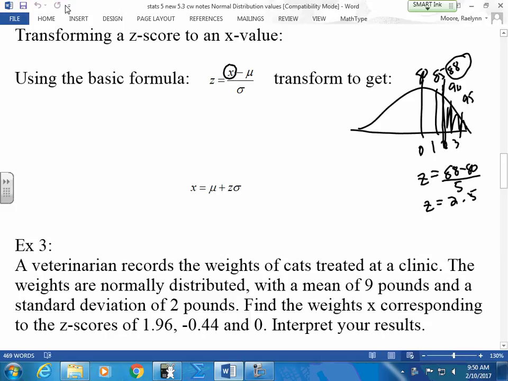You want to just find the x value. It is the same formula, and you can use the same formula. But because you're going to do this so many times, you're going to cross multiply and get the x by itself.